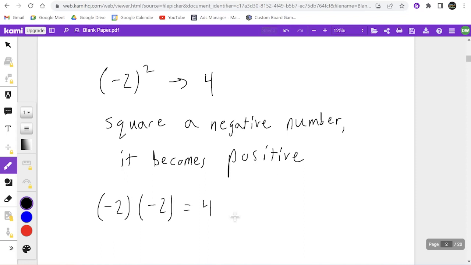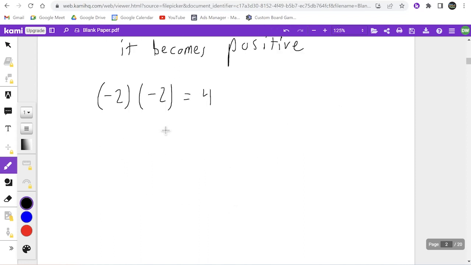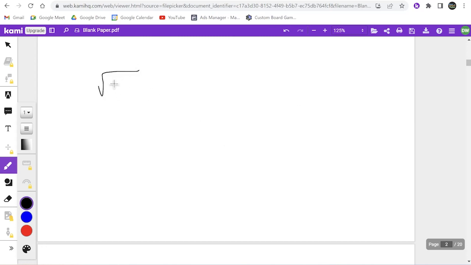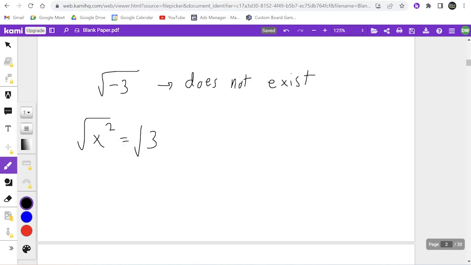The other thing we need to know, and this one's confusing, I mentioned earlier that you cannot take the square root of a negative number. This would just be does not exist, like we said before. But if you're solving an equation, and let's say you have x squared equals 9, for instance, or maybe I'll just use 3 because that was the example I used above. If you have this and you square root both sides, this is going to be plus or minus 3.